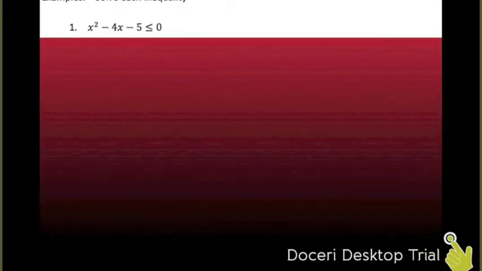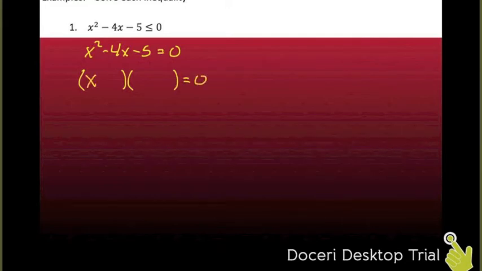Moving on to the next example. If we want to solve this inequality, we want to do the same thing. We want to start off by changing it to an equation. So we're going to have x squared minus 4x minus 5 equals 0. Again, we can factor this.